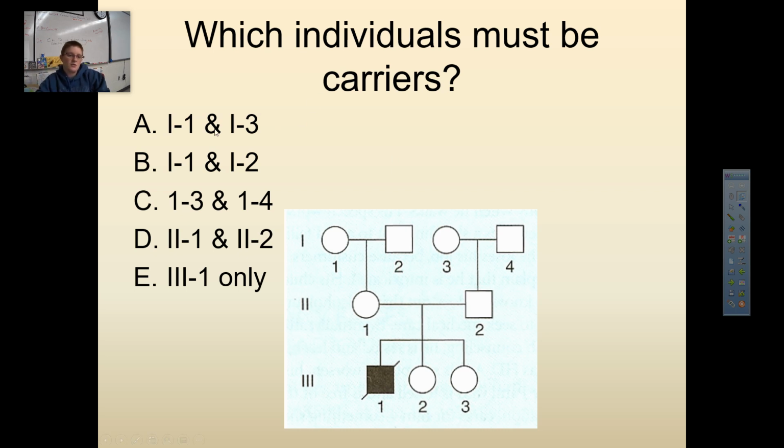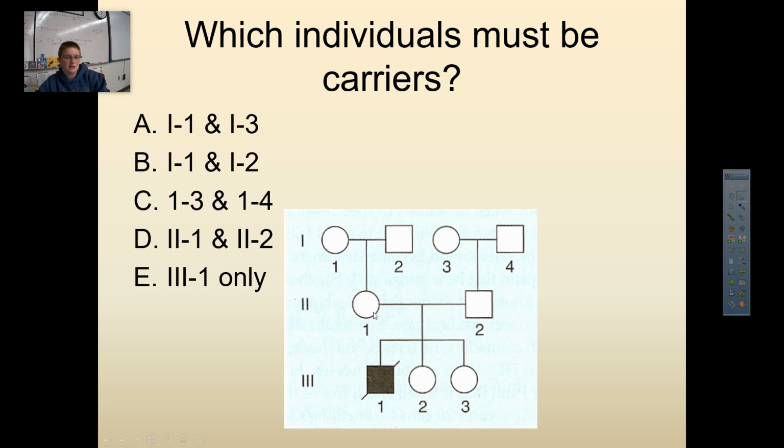So let's look. 1-1 and 1-3. So it's asking, must they be carriers? Well, I don't know. This person must have gotten the gene from one of these guys, but I don't know if the carriers are the dads or the moms. So I'm going to hold off on that. 1-1 and 1-2. So they're saying that these guys are the carriers. Well, once again, I don't know if these guys are the carriers or if these guys are the carriers.